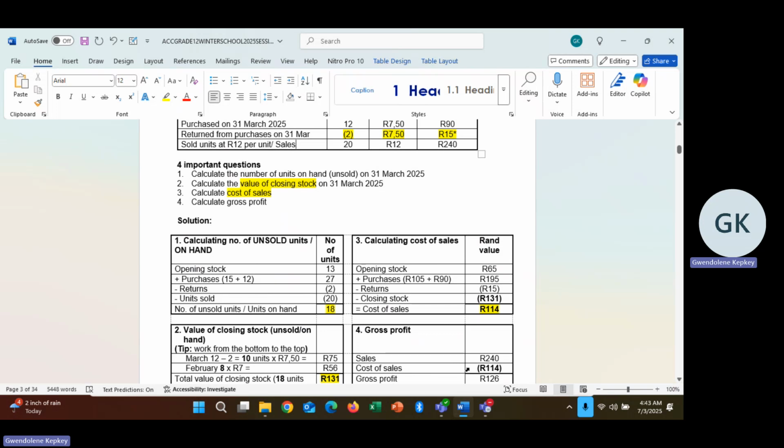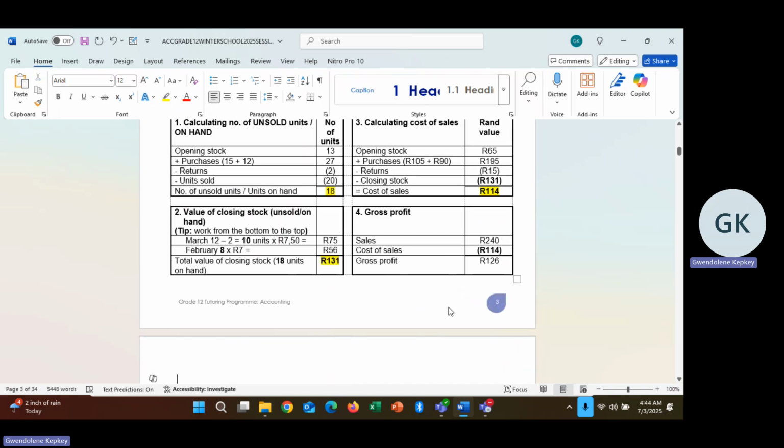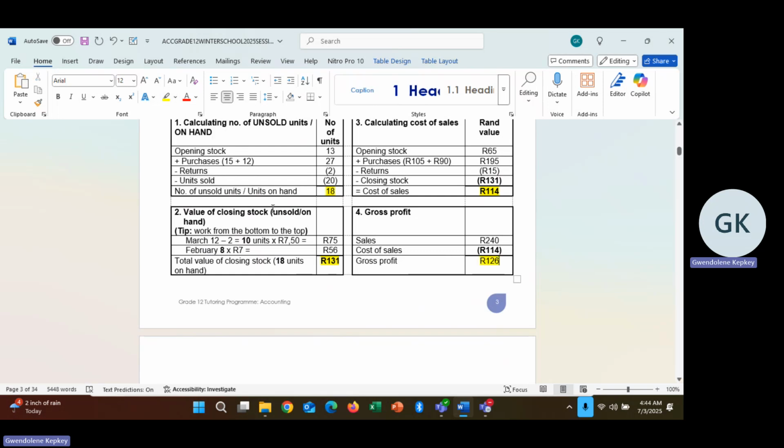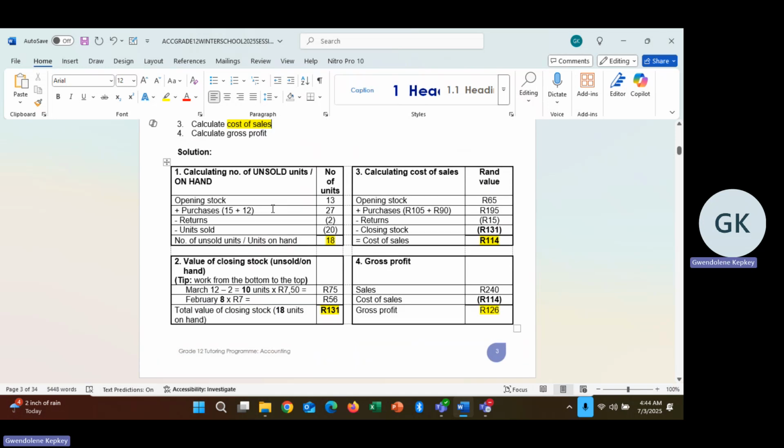So that I will use in my calculation over here, 240. Then I've just calculated cost of sales. I will put that in brackets and I will deduct it from my sales. Therefore, we are ending with a gross profit of 126 Rand.